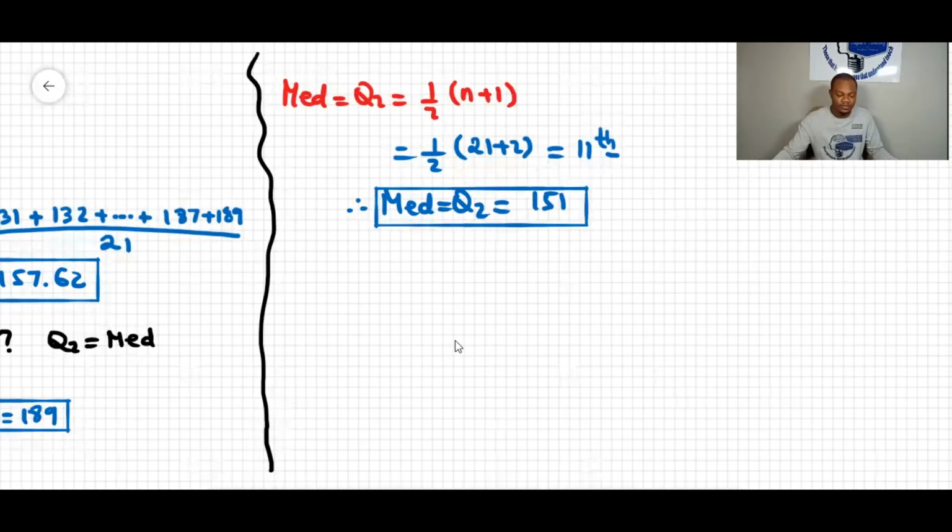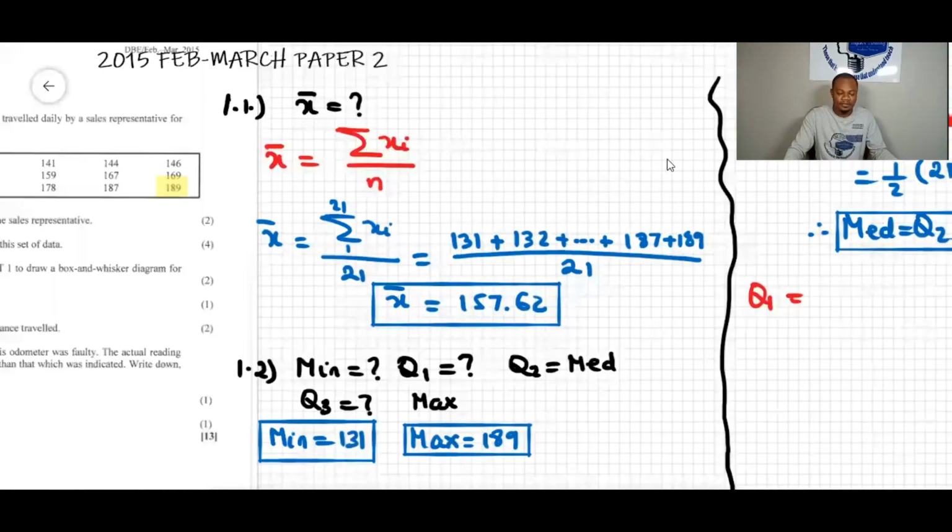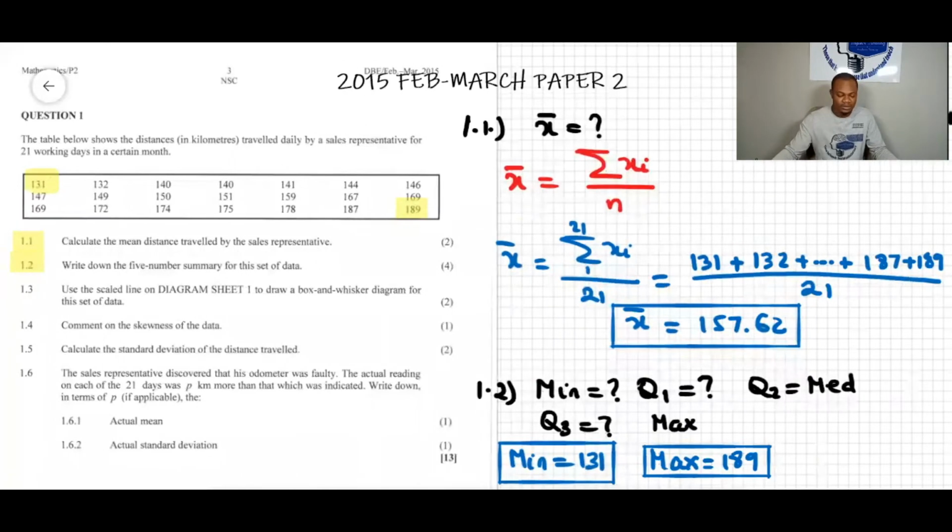Now let's find the first quartile. The first quartile, Q1, again by inspection or by intuition, we can also see and identify what should be the first quartile. Okay, this was the median.